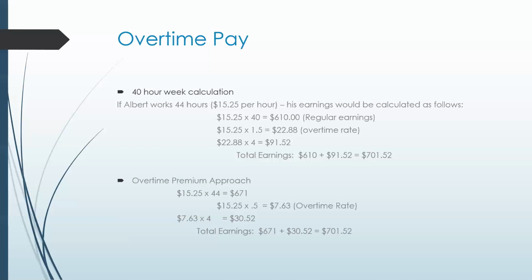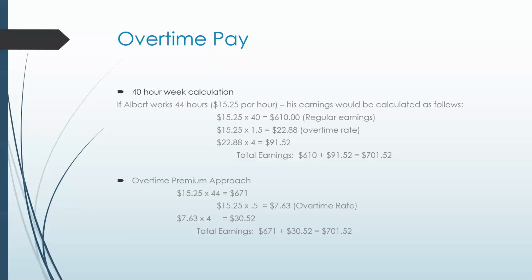In this example, Albert worked 44 hours, and in a normal 40-hour work week, that would mean that there are 4 hours of overtime. Remember that it is not a requirement that there is a 40-hour work week, and it's up to the employer to make that determination. If there is more than the normal hours in the week, that it's considered overtime.